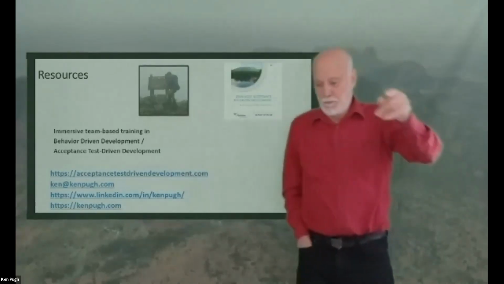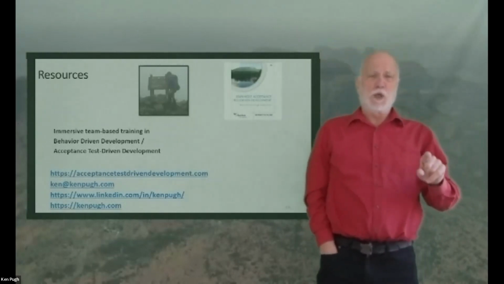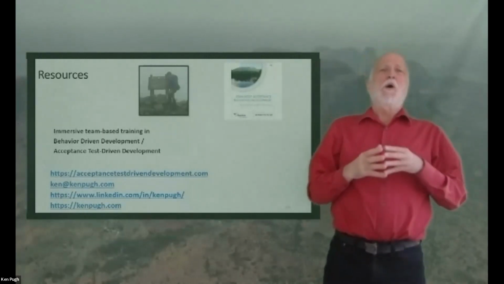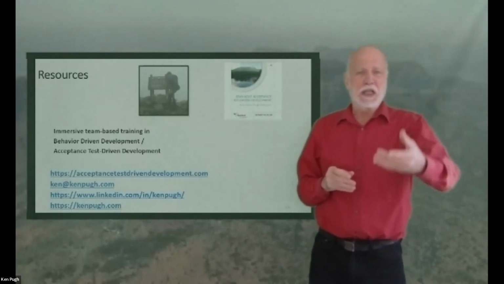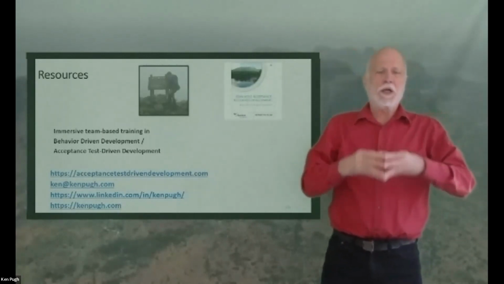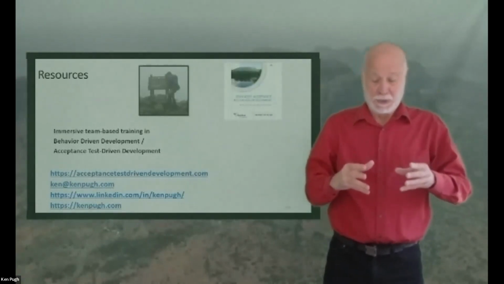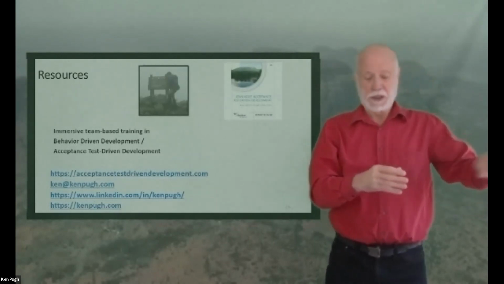Next question then is always a good one. Who writes Gherkin and step definitions, the tester, the product owner, or the developer? Okay, we're going to have to step back to the first few slides from yesterday. They all do. The whole purpose of this collaboration is to have the product owner, the tester, and the developer work on the Gherkin together. Now, sometimes your product owner isn't completely available because they're tied up.